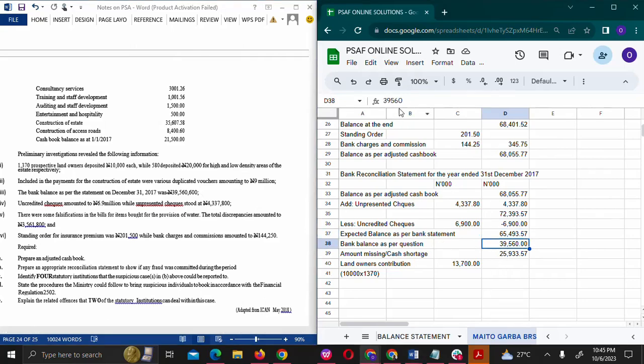So it means that they have misappropriated some funds. So we have 25 million missing, or 25 million as the cash shortage, upon comparing our bank statement with our cash book. Do you understand what we have?